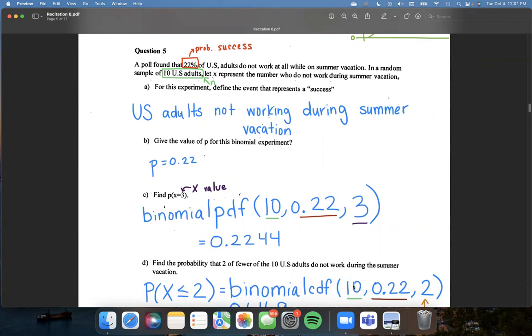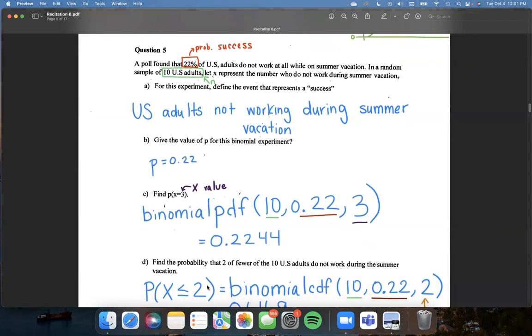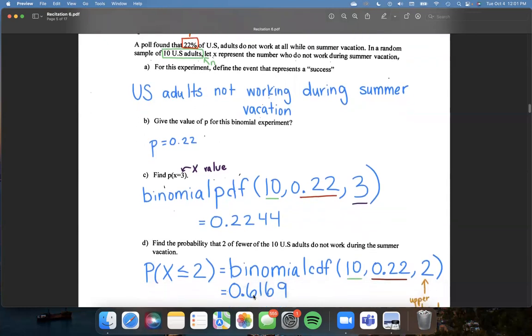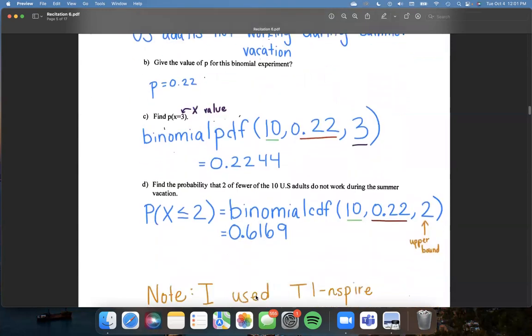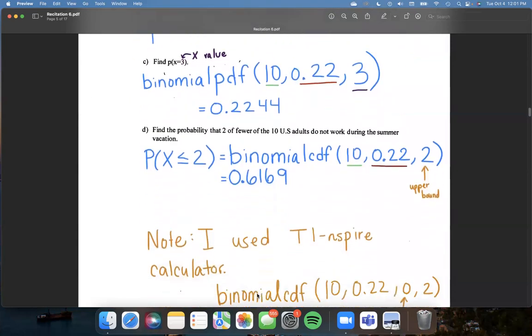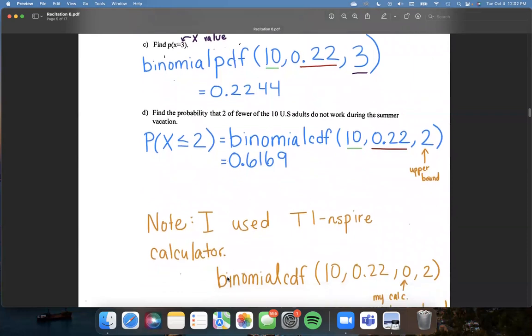Our n, our sample size, is still 10. Our success probability is still the same because we're in the same probability distribution. And then our cutoff value is 2, which gives 0.6169.